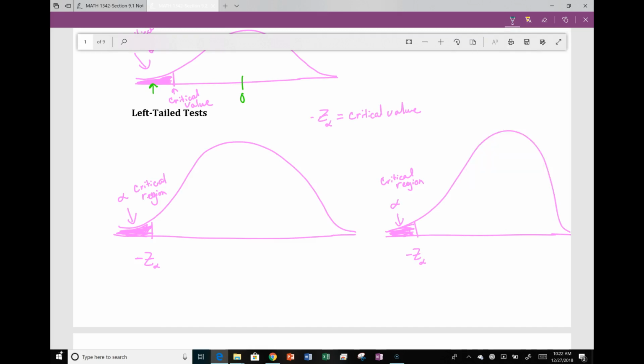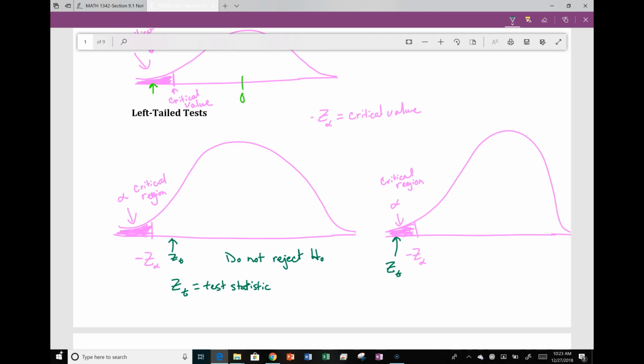Now then, if my test statistic is here, and I'm going to note this z with a t, that is my test statistic that we have calculated. And then I will put one here, z sub t. So if my test statistic falls here in the not shaded region, then you do not reject the null hypothesis.